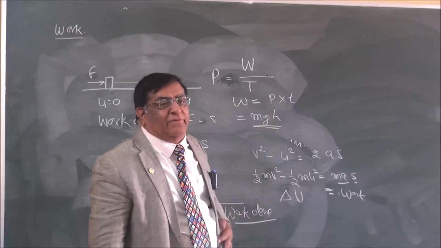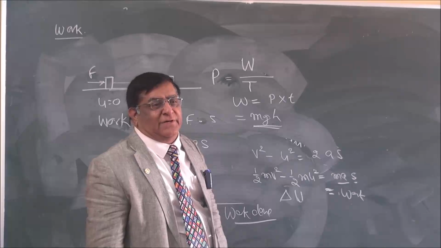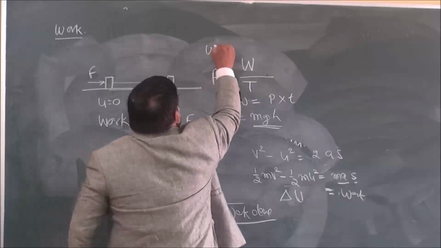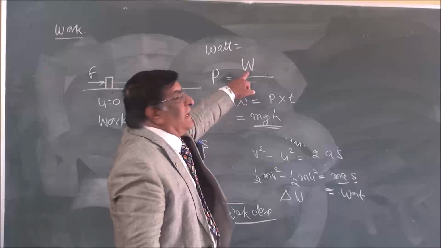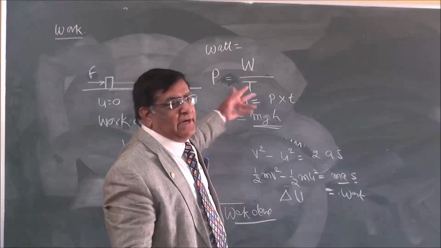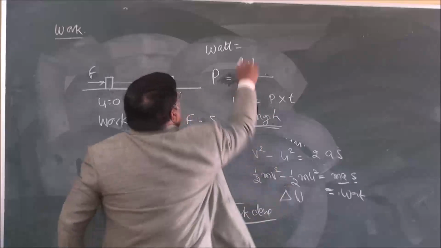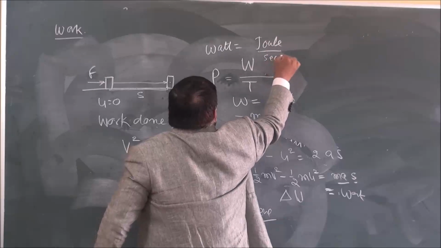What is the unit of power? Watt. What is the unit of power? Watt. How much is 1 watt equal to? If 1 joule of work is done in 1 second by a machine, its power is 1 watt. So watt is joule per second.